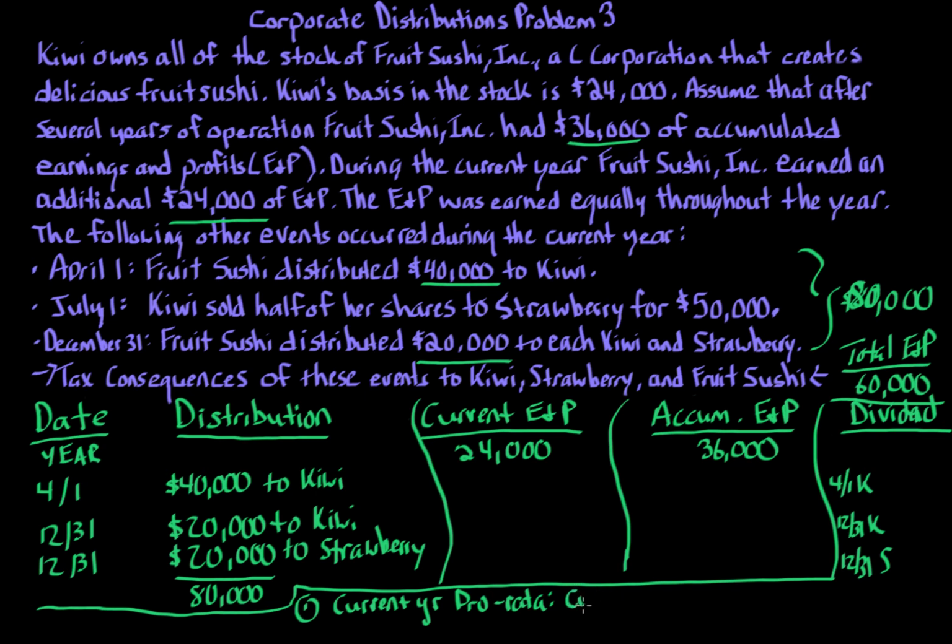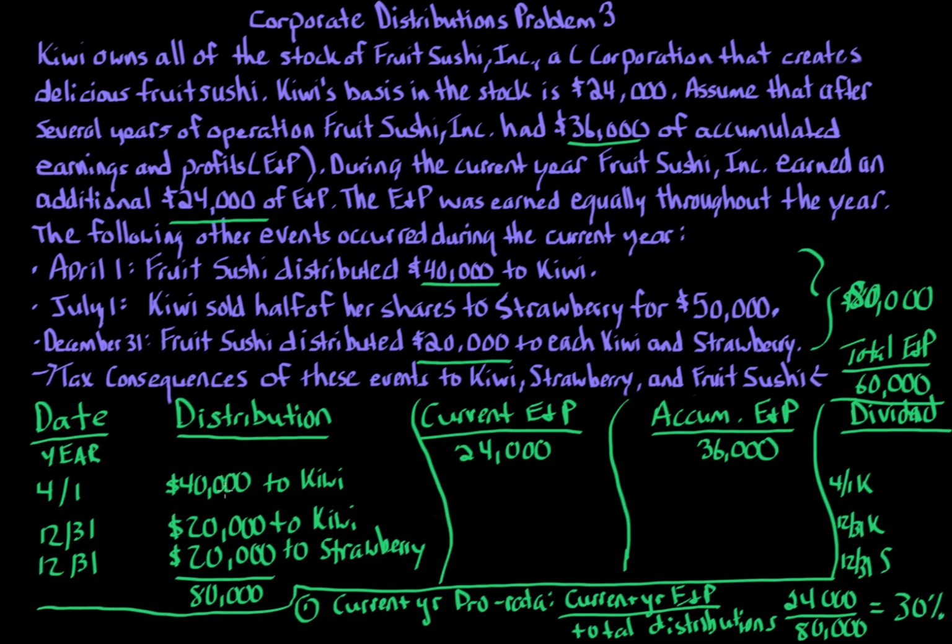So the formula is current year E&P over total distributions for the year. The current year E&P is 24,000. Total distributions for the year equal 80,000. This ratio is 30%.